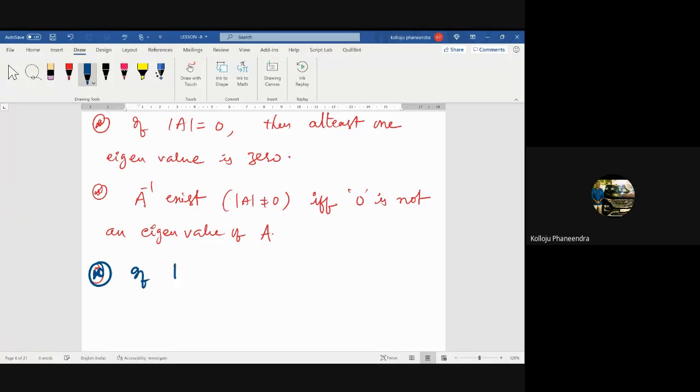If lambda I is an eigenvalue of A, then lambda I plus or minus k is an eigenvalue of the matrix A plus or minus kI.